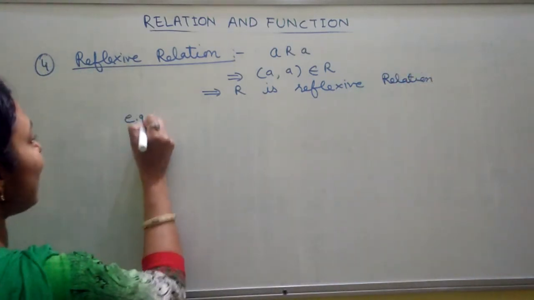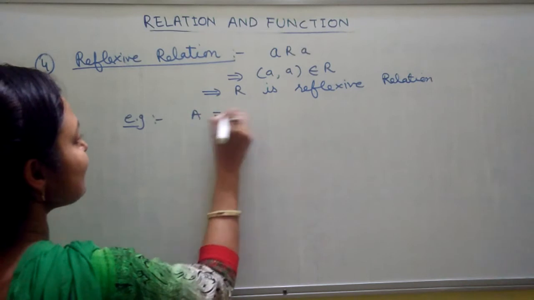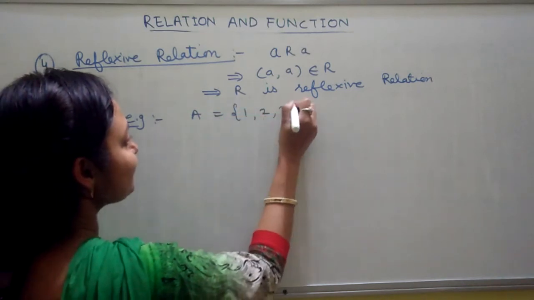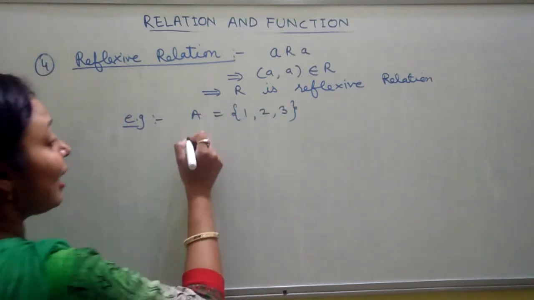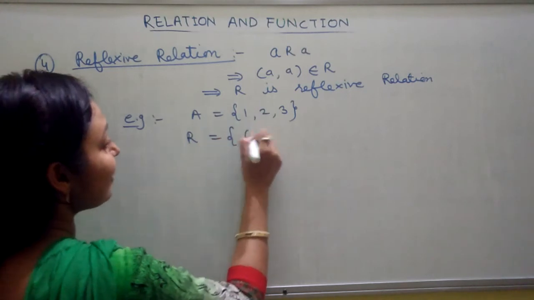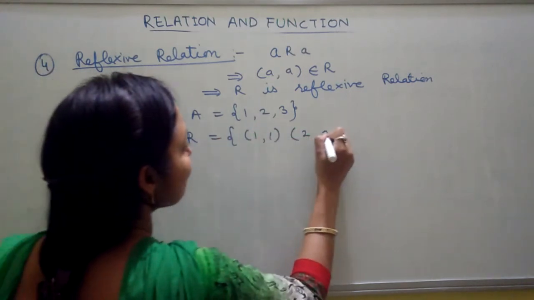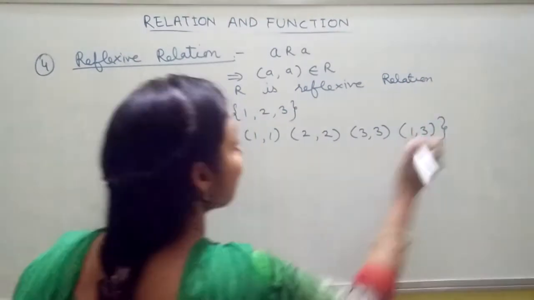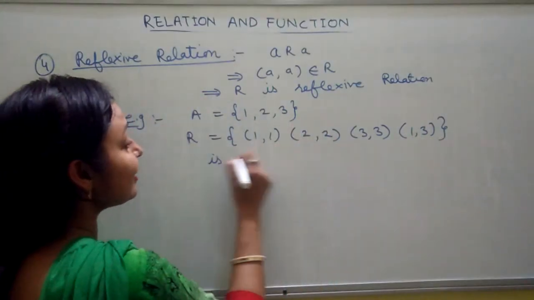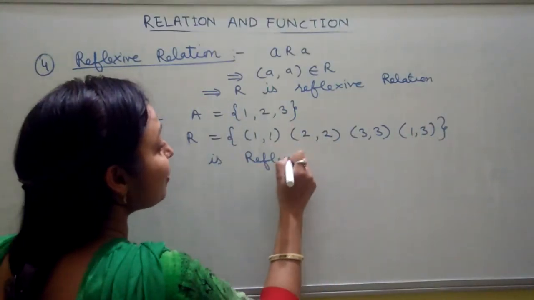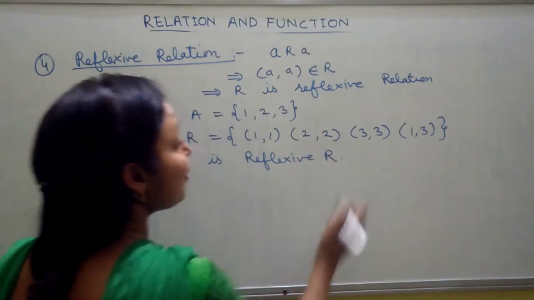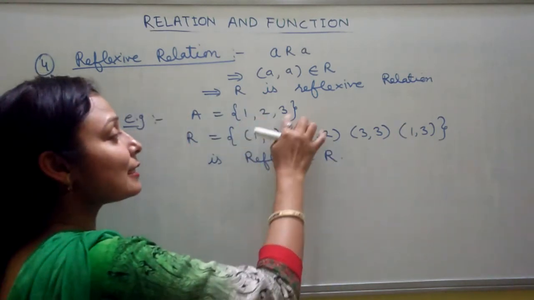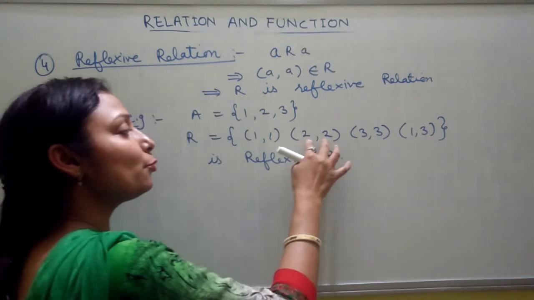For example, we have a set A that is {1, 2, 3}. R that is {(1, 1), (2, 2), (3, 3), (1, 3)} is a reflexive relation, because for these three elements we want (1, 1), (2, 2) and (3, 3).